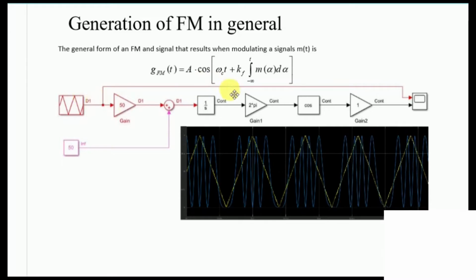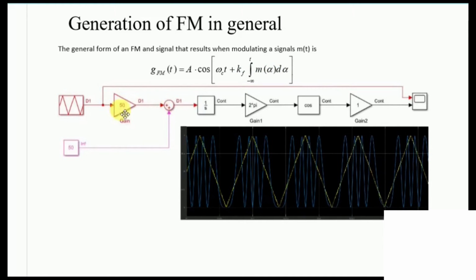The next block is the sensitivity constant kf. For that, I have multiplied the triangular input signal with this gain of 50, which represents kf. Now we need omega c plus kf times m of t.